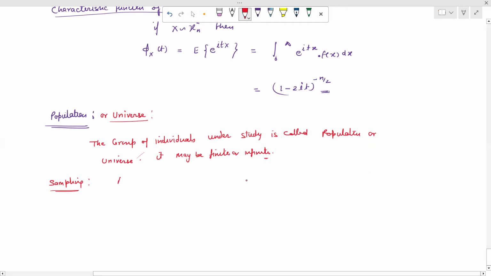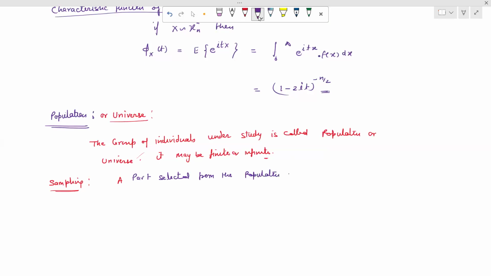Now we are going to define the second term, that is sampling. Sampling, so we define a part, किसका? Population का. A part selected from the population is called a sample.